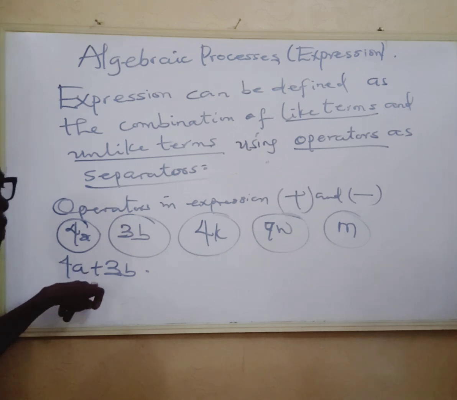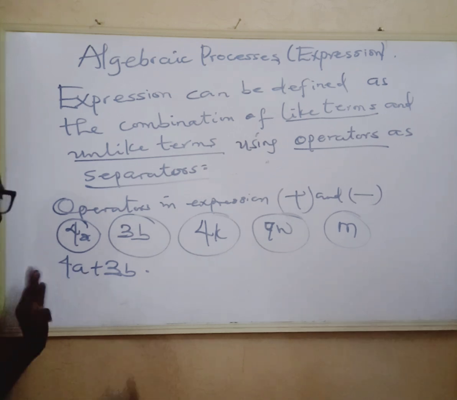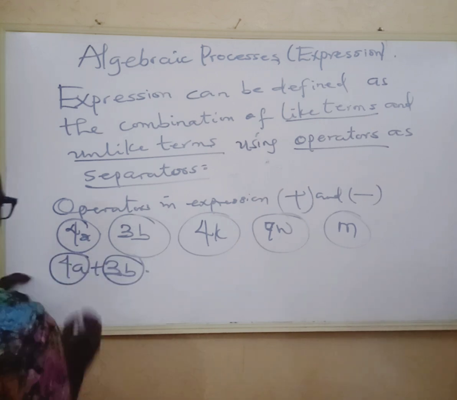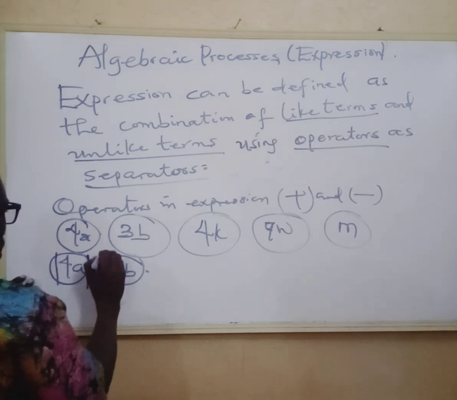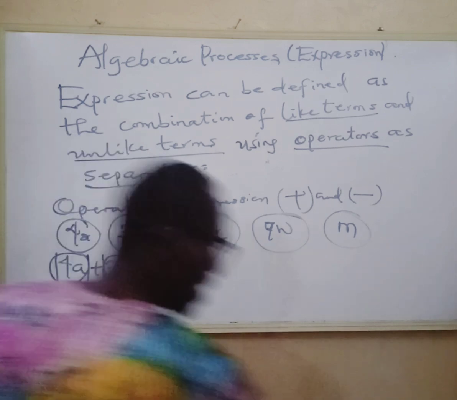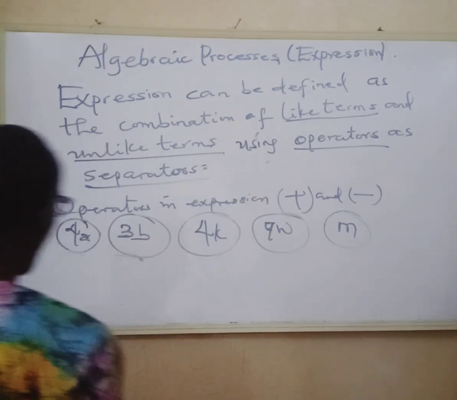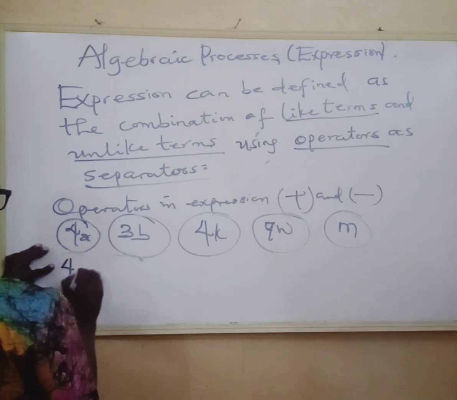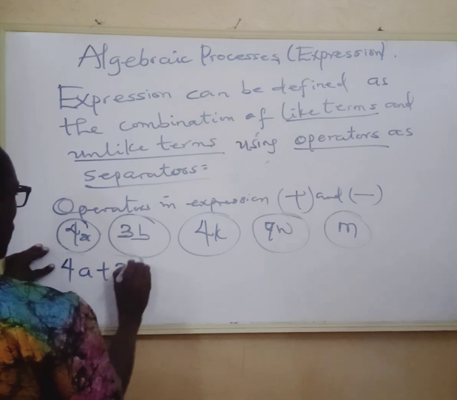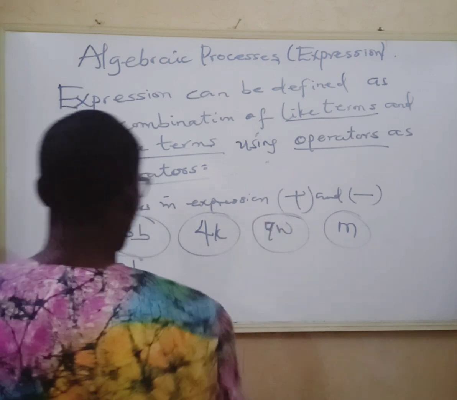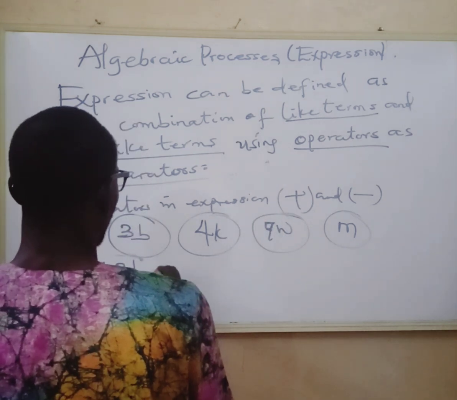This positive operator acts as a separator between 4A and 3B because it separates 4A from 3B. That shows that this is an expression. This is a typical mathematical representation of an expression. This is 3B. You can pick 3B and 7W again. You have another one. This is an expression.